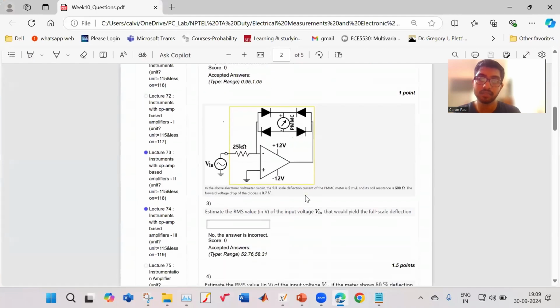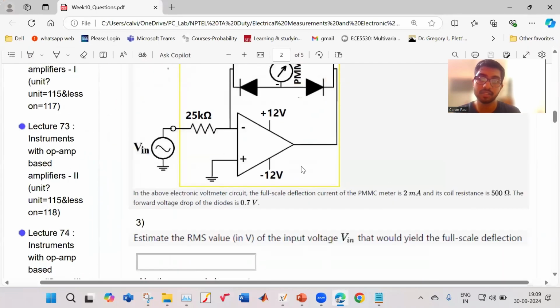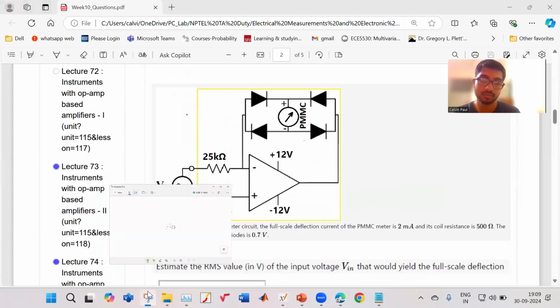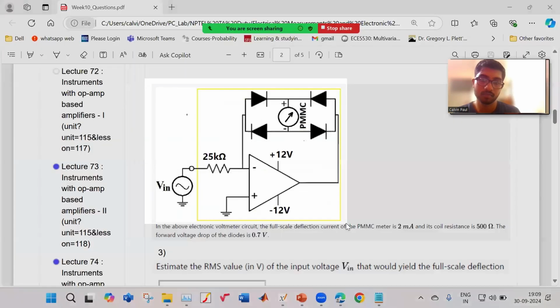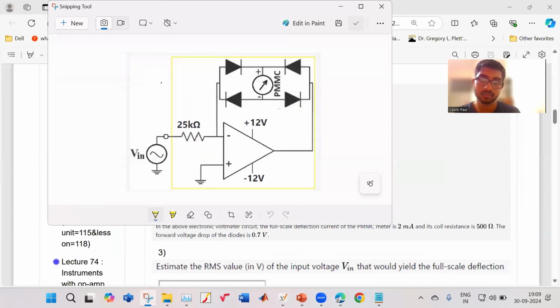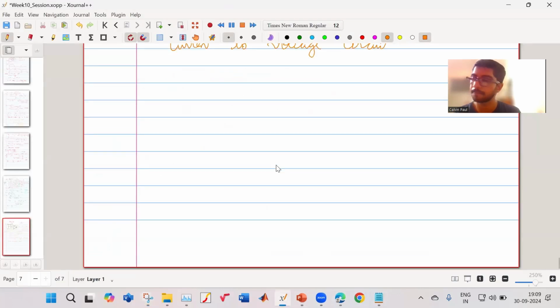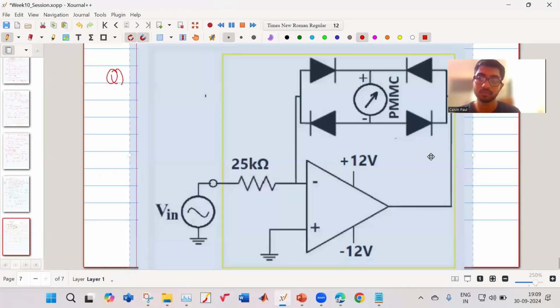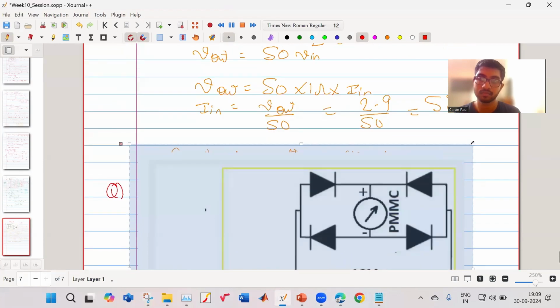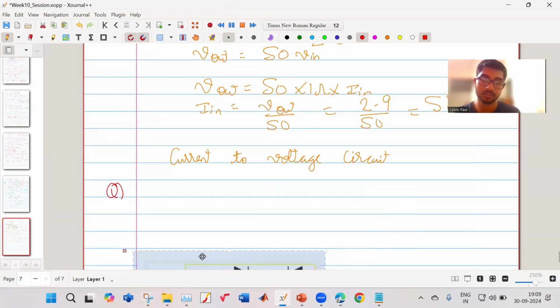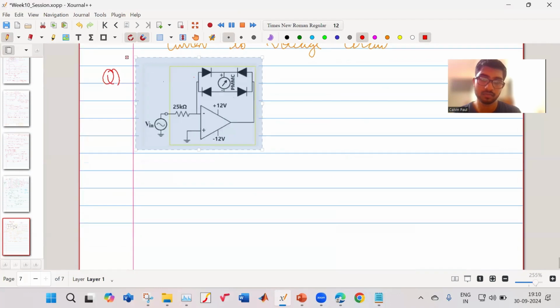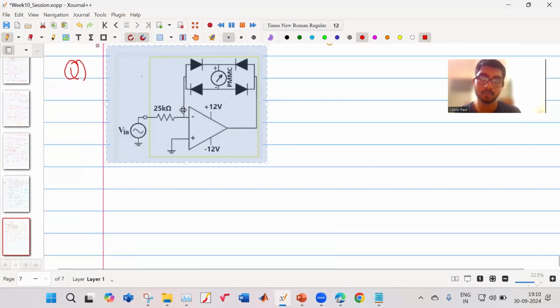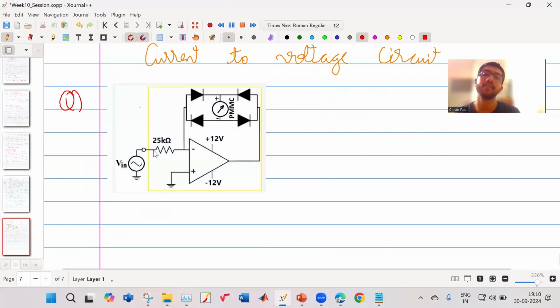Now we will go to the next circuit, which is given by this. If you look at this circuit, it is very scary.